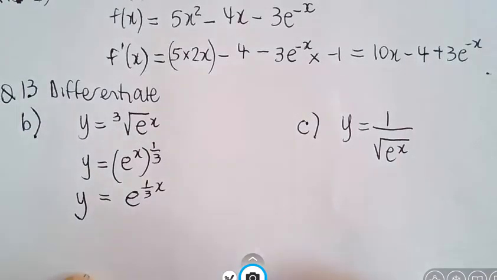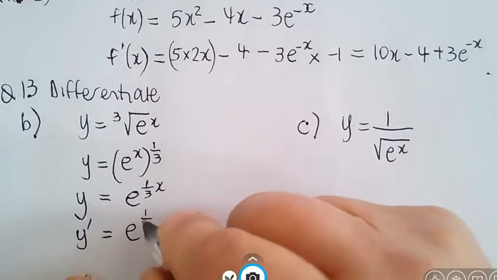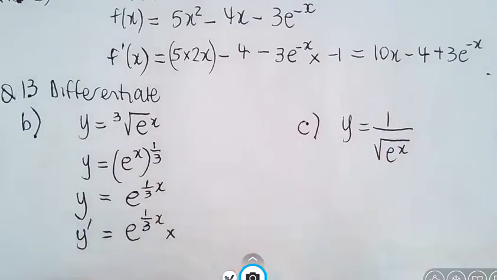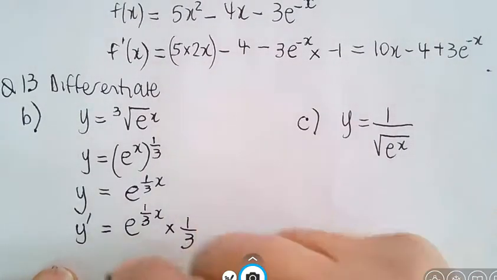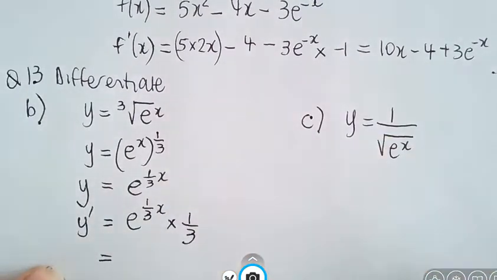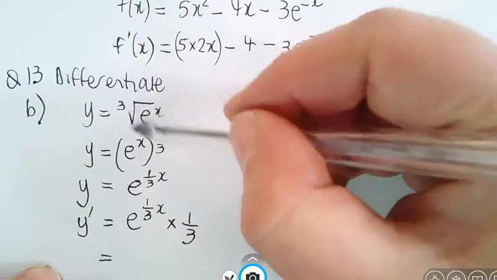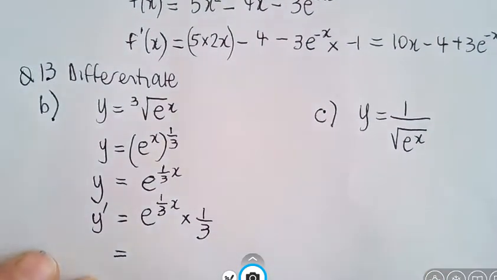It's the same thing. So now y dash or dy dx is, write that out, and times by the derivative of a third x, which is a third. So your answer is, now, because the question is written with cubed roots and x's, you should be writing the answer the same way. Now, the 3 is definitely on the denominator, yes?